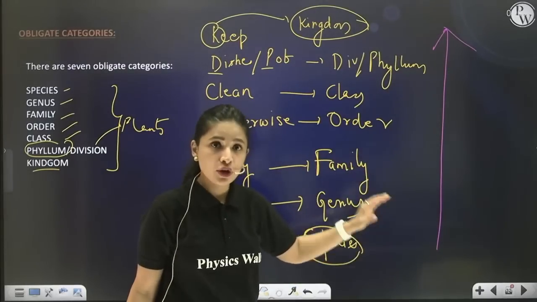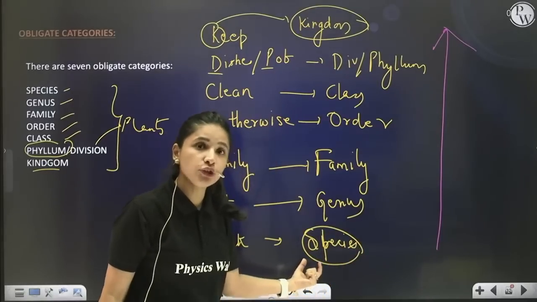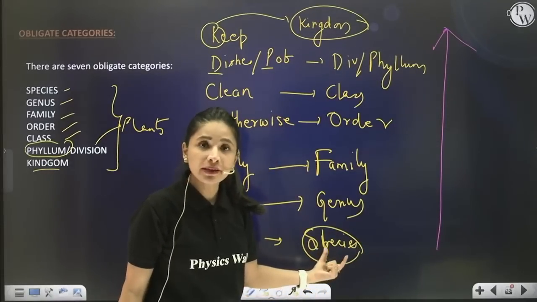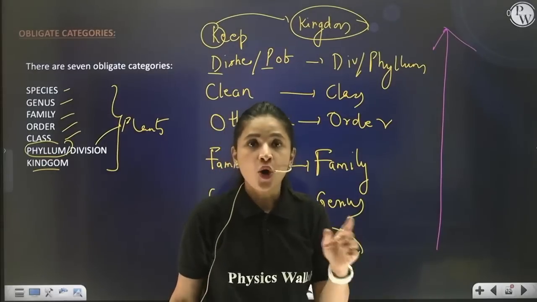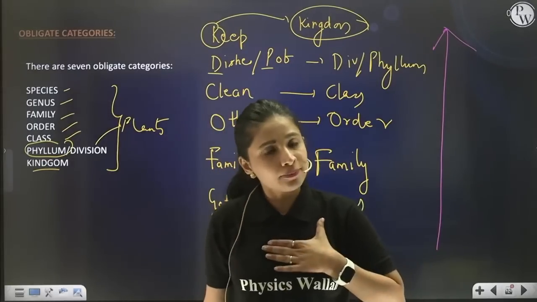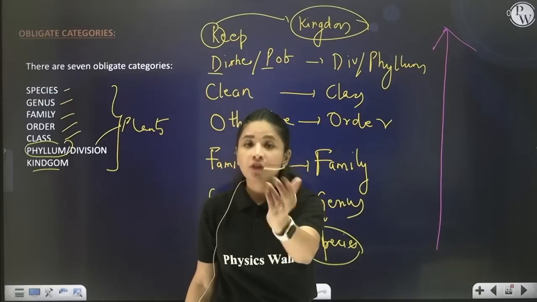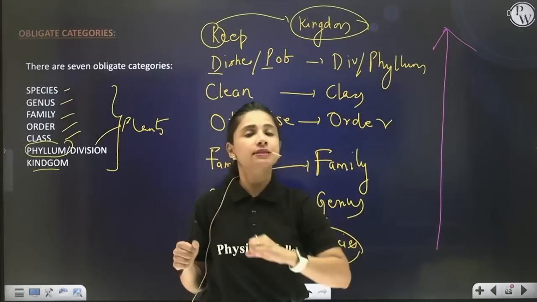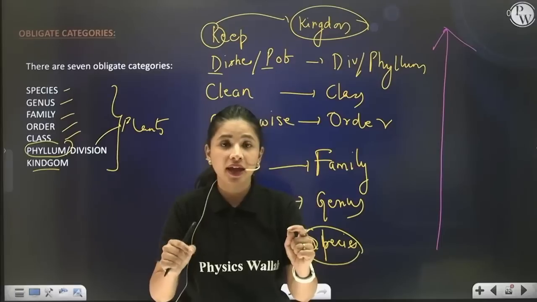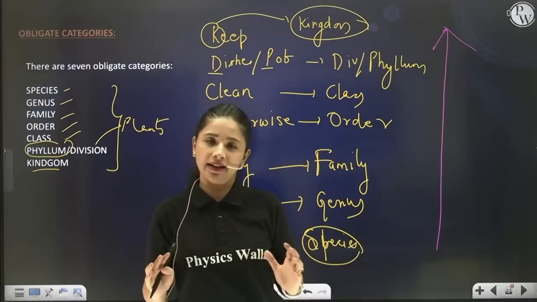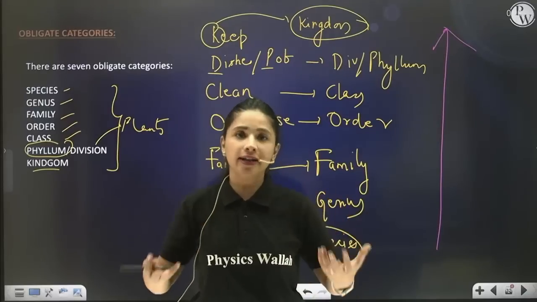That means organisms belonging to species level, like you and me, we all are the same species. What species? Homo sapiens. I am also a Homo sapien. You are also a Homo sapien. Correct? Why are we kept in the same species? Because we share maximum similarity, be it internal or external.